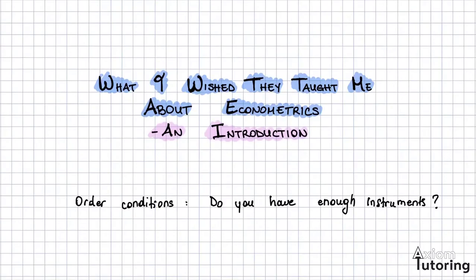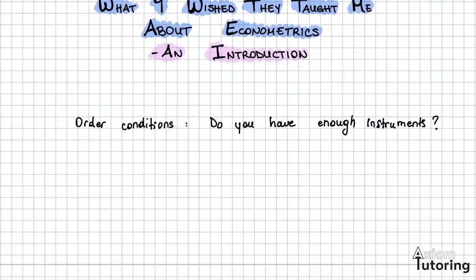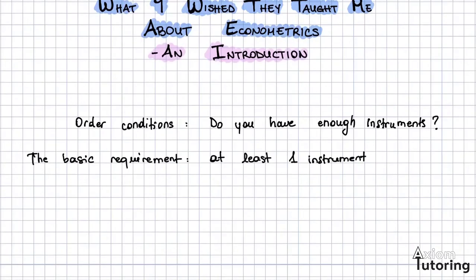The answer comes from exactly the order condition, and this is the first requirement for 2SLS to actually work at all. The most basic requirement is that you need at least one instrument for each endogenous variable.